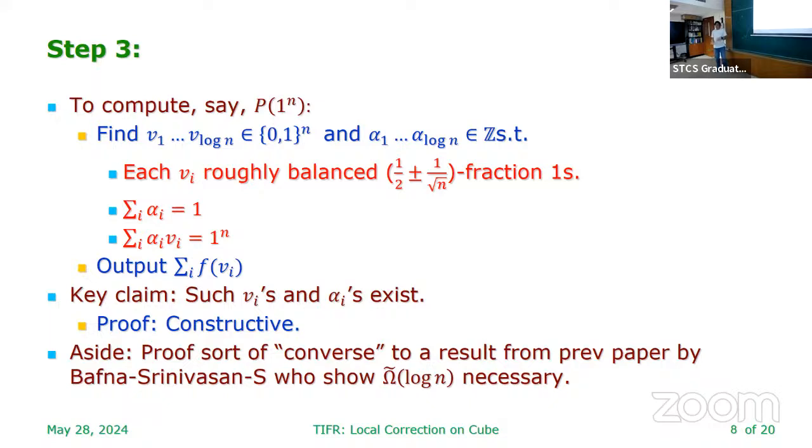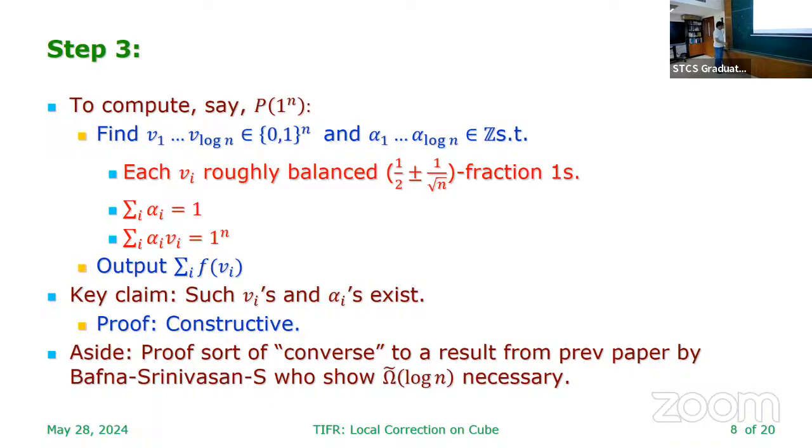But the real challenge is, how are you going to get a bunch of points over here to tell you about the value of the function all the way over there? And this is not going to be a large number of points. After you do the right math, I'm calling these points V1, V2, up to V log n. So there are a bunch of points in the middle.